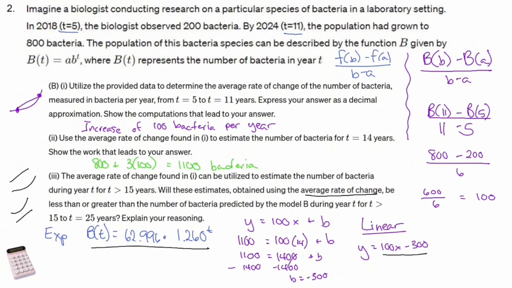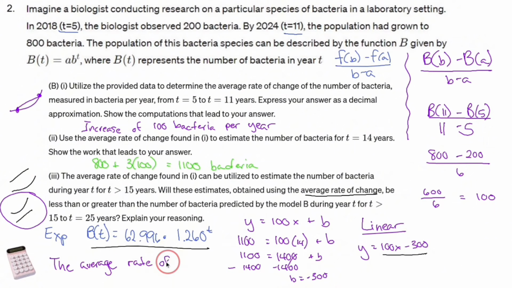All right, so after all of that, if you gave up on the video, I don't blame you. But what we saw is this guy, where the linear graph is below the exponential graph. So the average rate of change is less.